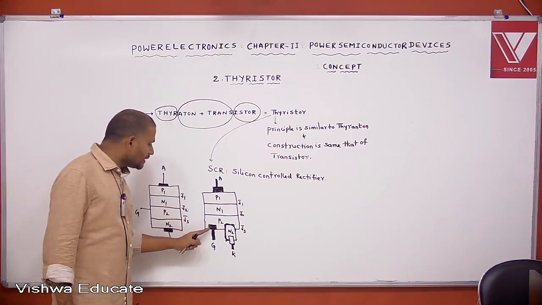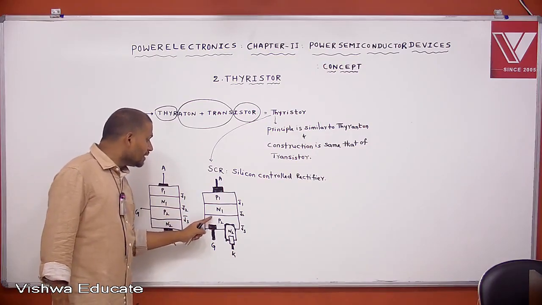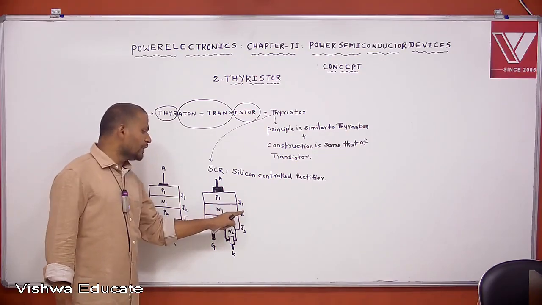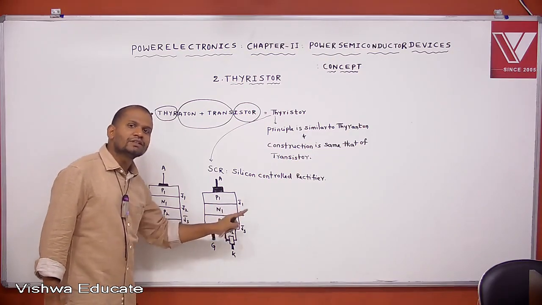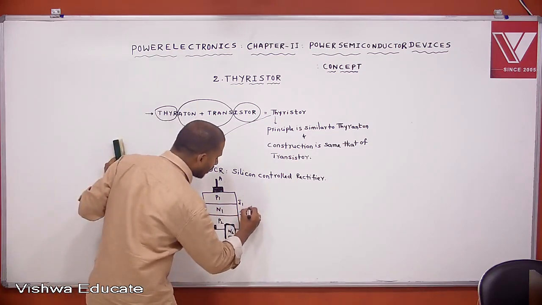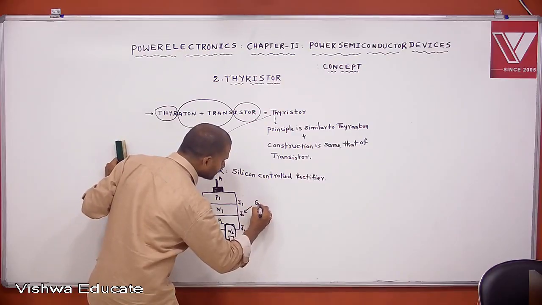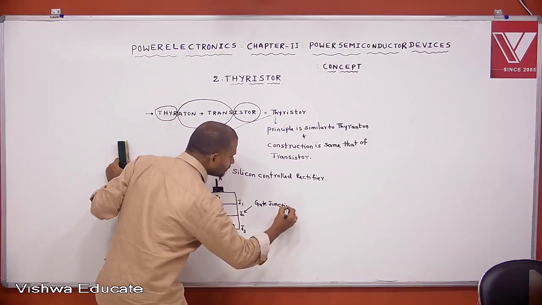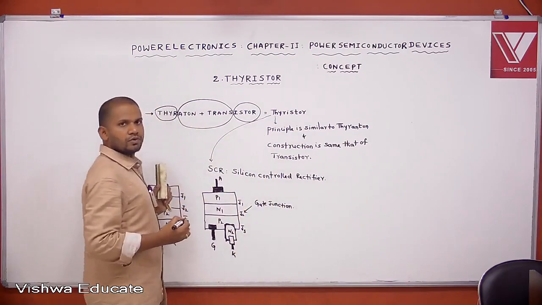This is connected to the inner P layer and nearer to the J2 junction. That's why this J2 junction is also called the gate junction.